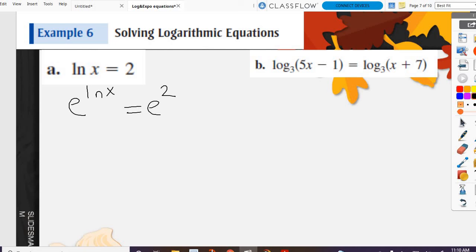I'm making the stuff I already have the exponents, and that's called exponentiating. Y'all with me? Okay. Now, using our inverse property, what does e to the natural log of x equal? Just x. And then we have e squared. And that's our answer. And then if we wanted to approximate it, you have an e button on your calculator. And you would just round to 3 decimals.